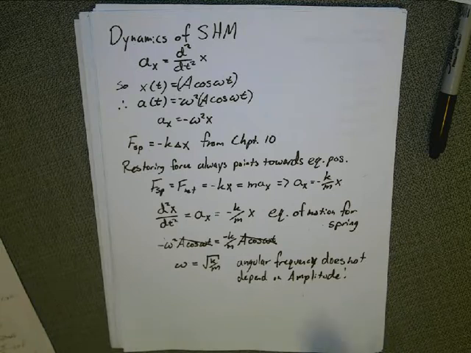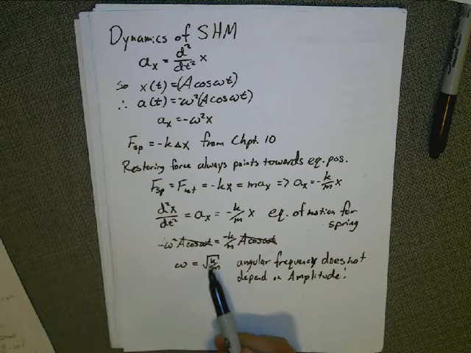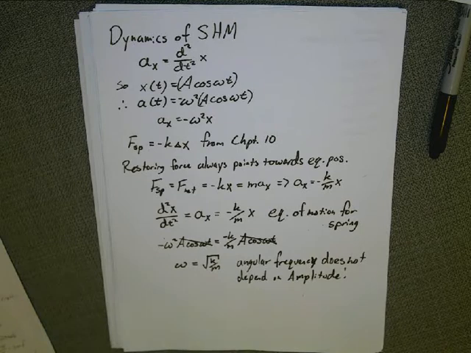And the faster it's moving, the quicker it covers that space. So it actually keeps the period the same. The only thing that matters is the stiffness of the spring, k, and the mass attached to the spring. That will change the period, but nothing else will.